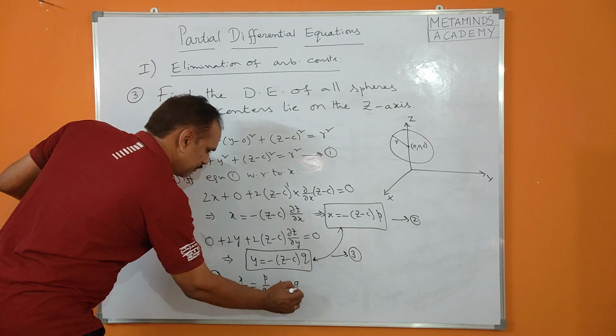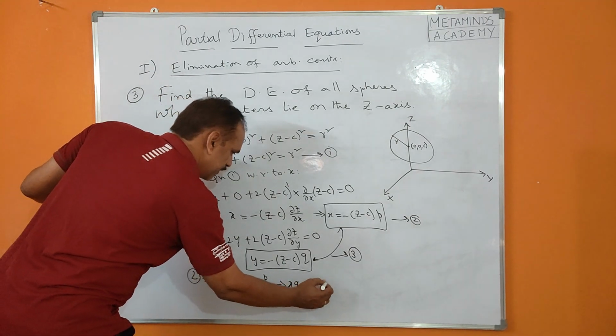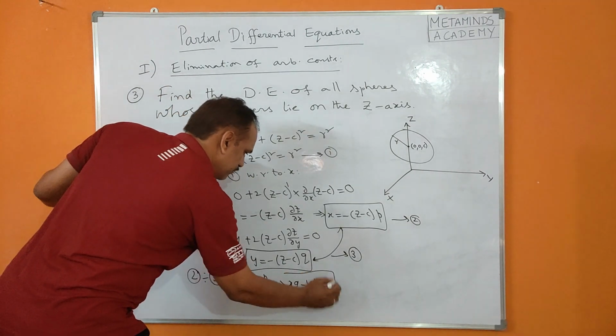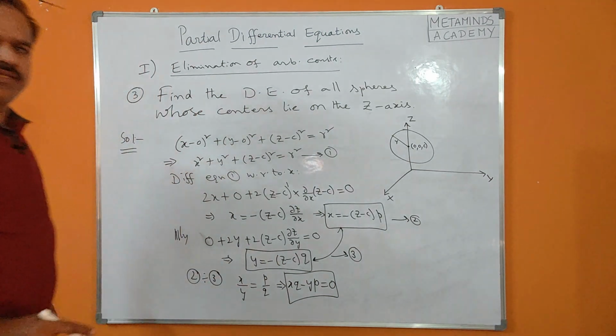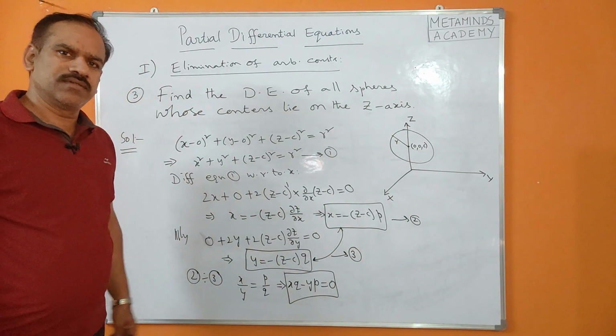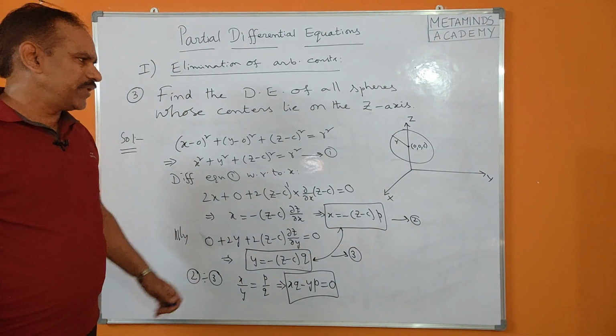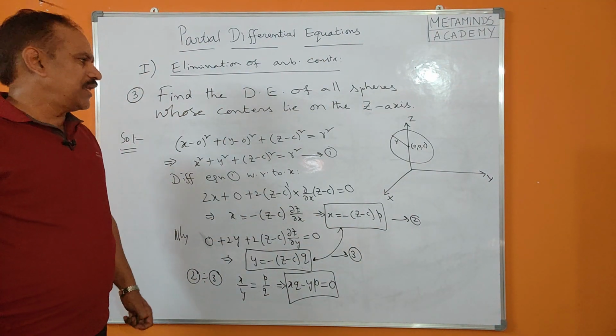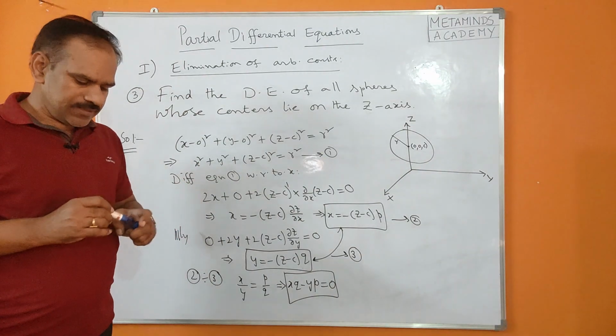So xq minus yp equal to 0 is the required partial differential equation, obtained by eliminating the arbitrary constants c and r.